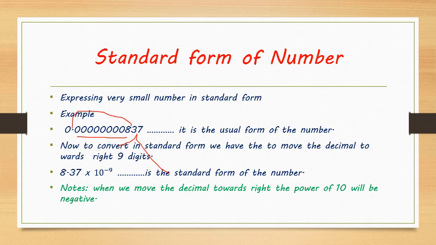When we are moving towards the right, we have to write a negative power. When we keep the decimal here, it becomes 8.37 into 10 to the power minus 9, because we are moving 9 places towards the right side. According to the right, we have to write a minus sign, and 9 digits are moved, so we write 9, so it is minus 9. Now this is the standard form of a very small number. Okay.